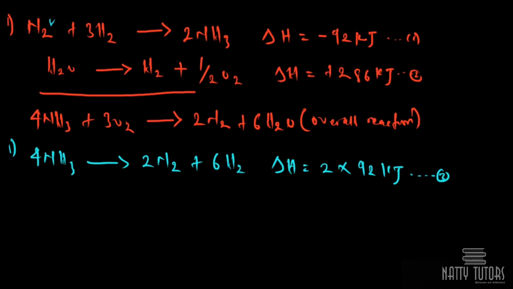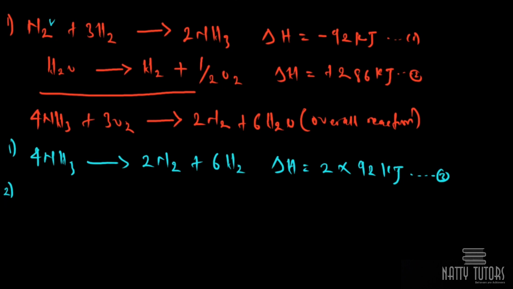Then let's go for the other reaction, reaction 2, because we are all looking for a method to make it look like this overall reaction. That is the main thing we are trying to do now. So we have water decomposing to hydrogen and oxygen. If we check our overall reaction, our water is on the product side, and in reaction 2, our water is on the reactant side.